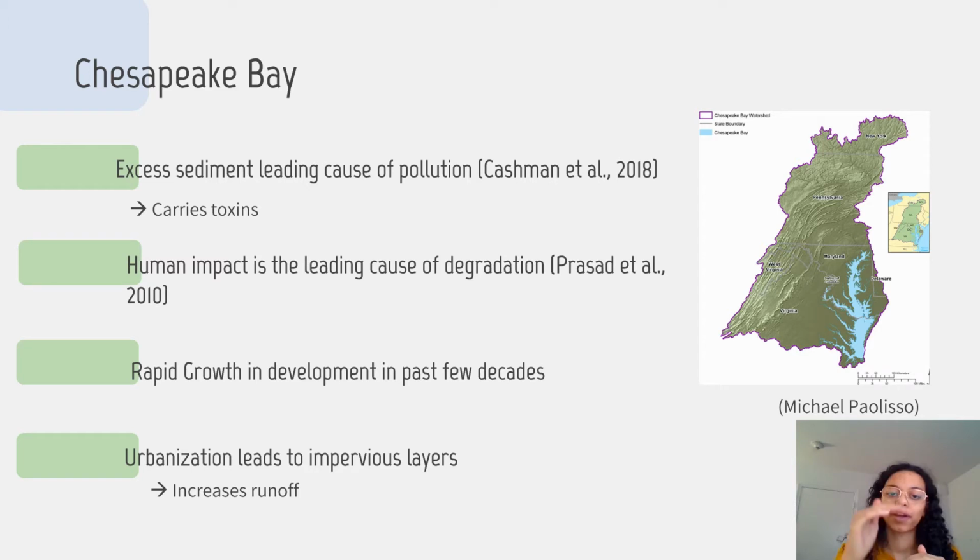Impervious layers prevent water from going into the subsurface ground beneath it, and so the water has to go across the land to reach its rivers and tributaries. And when the runoff crosses the land, it picks up things like sediment and toxins and other pollutants and carries those into the rivers as well.